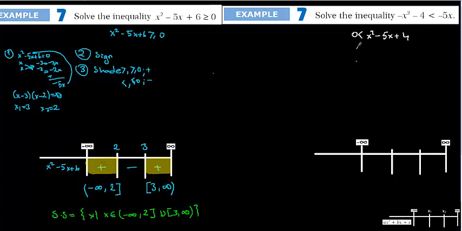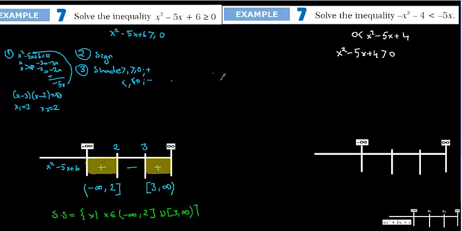And if I choose x squared minus 5x plus 4 is greater than 0, it won't be wrong, because actually this one and this one are the same thing. And for easy operations, it's better for me to do it in this form.